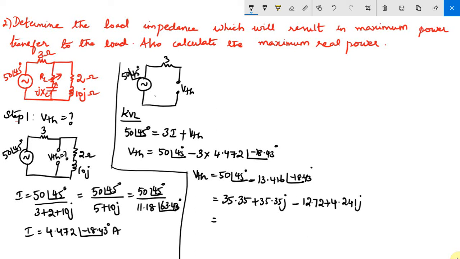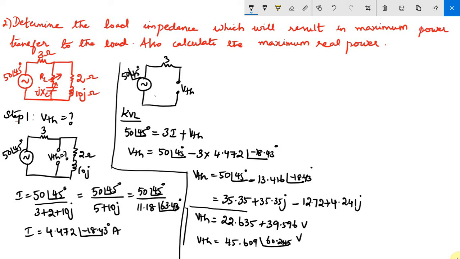Further simplification will give you 22.635 plus 39.596J. This is your VTH in rectangular form. Converting this into polar form again, we get 45.609 angle 60.245 volt. So this is the Thevenin's voltage, step 1.